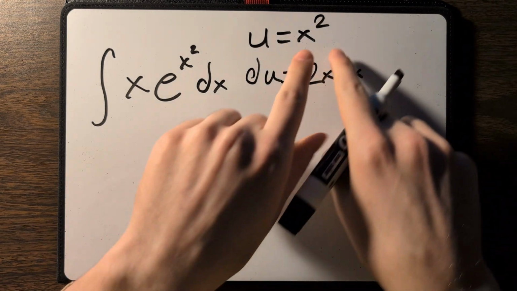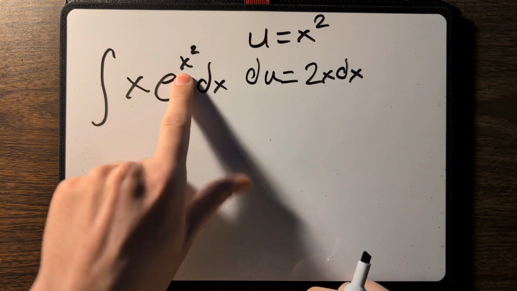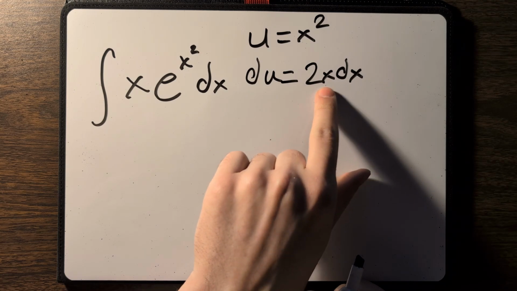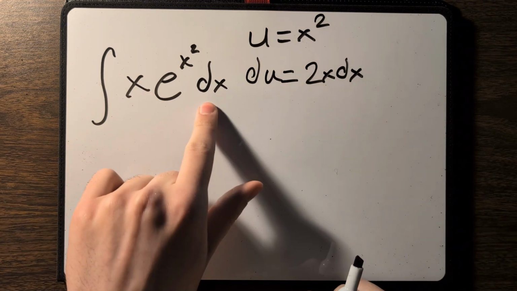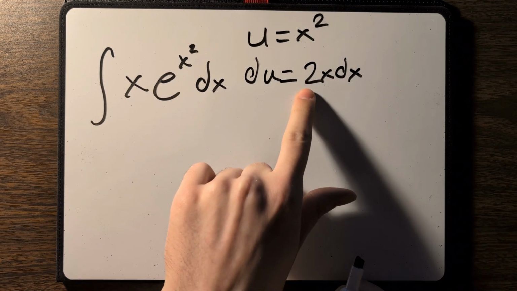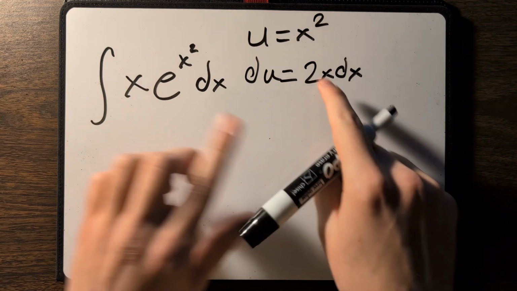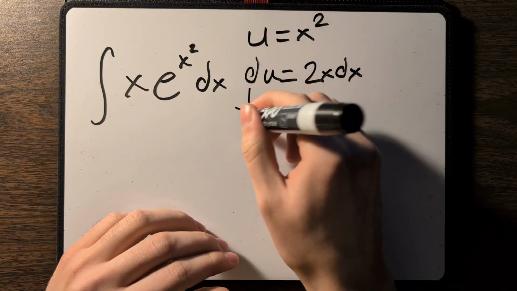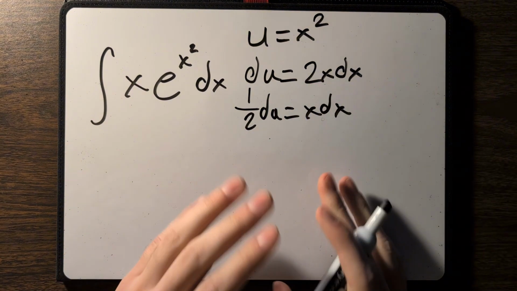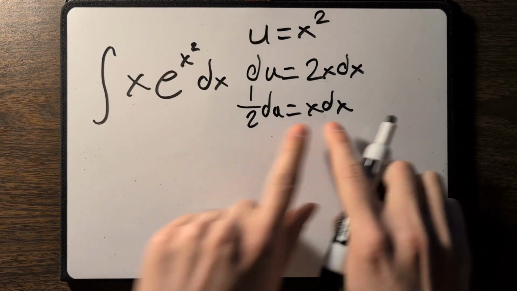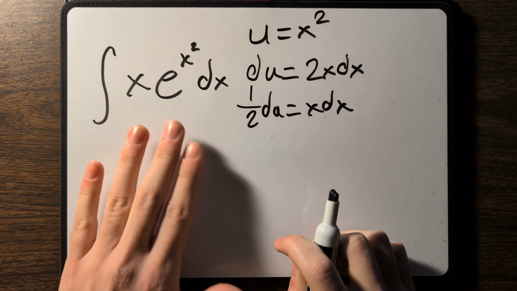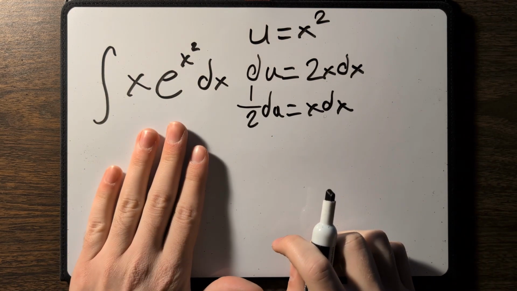Well, if you notice this u here, we can replace this x squared with u, and we can replace this x dx with du. One small thing, we have this 2 in front, so we just need to bring it over to the other side by saying that 1/2 du equals x dx. Okay. If we replace x dx here with 1/2 du, we can rewrite this integral in terms of u.